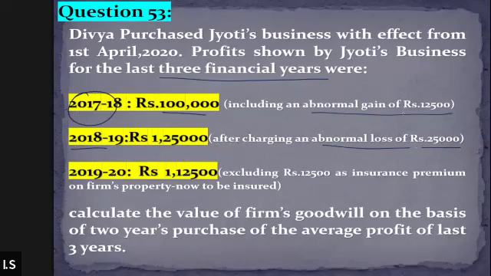But later we realized that since it is an abnormal loss, we shouldn't have subtracted it earlier. So now, in order to find out the correct normal profit, we need to add it back. In the year 2019-20 as well, the profit is 1,12,500, excluding 12,500 as insurance premium on firm's property now to be insured. Now see, insurance premium for a property is a normal expense, right? And since it is a normal expense, it should have been subtracted while calculating the profit of the year 2019-20.